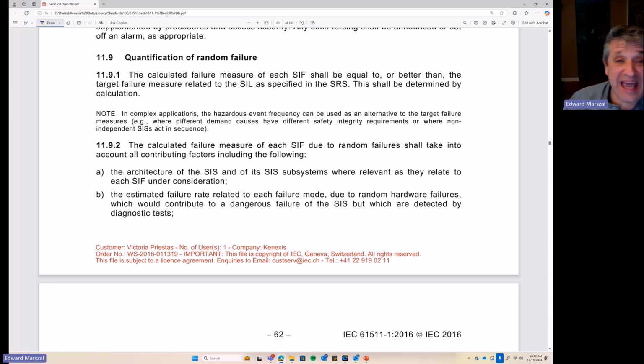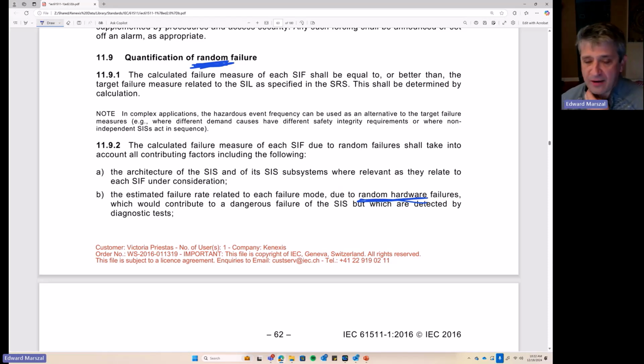So right out of the gate, right in the title of the section, SIL verification is the quantification of random failures. And a little bit later, we're going to stress that it's random hardware failures that we're worried about.